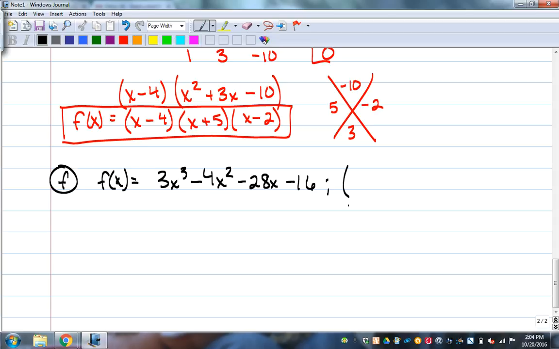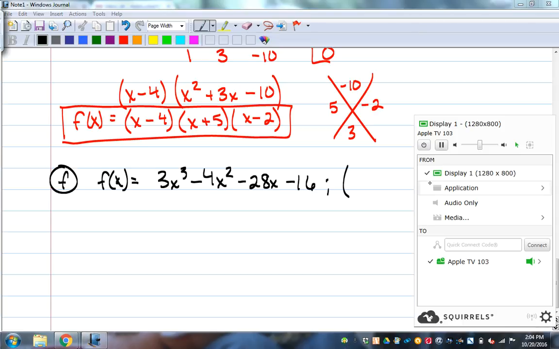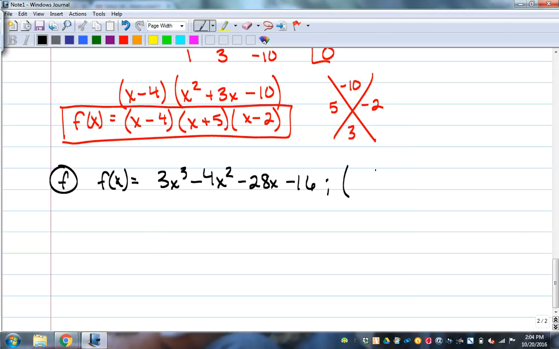And let's say we had 2x plus 3 is a factor.